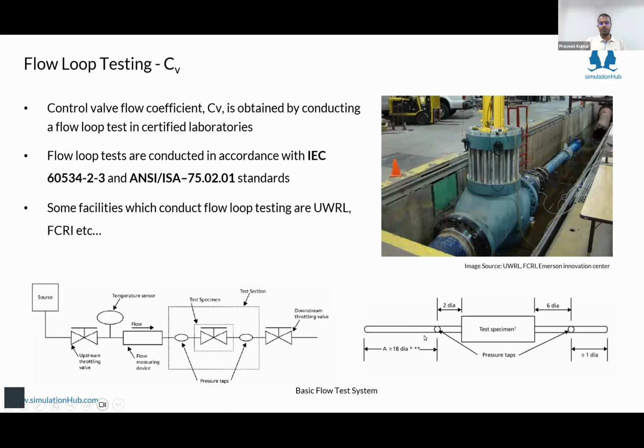For example, it specifies the pipeline dimensions and where you should keep the pressure tappings, for example 2D at the upstream side and 6D at the downstream side, so delta P is measured across this.